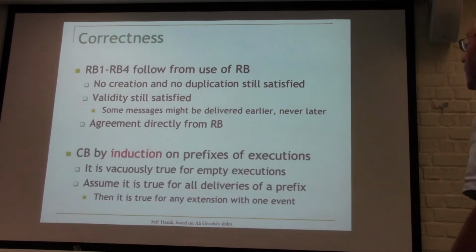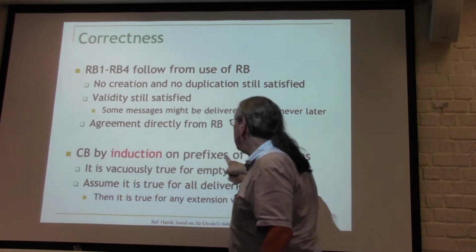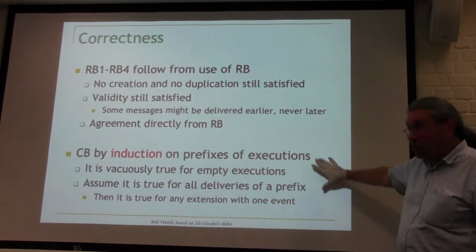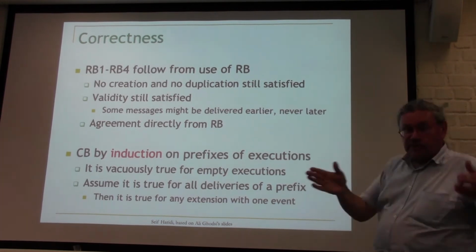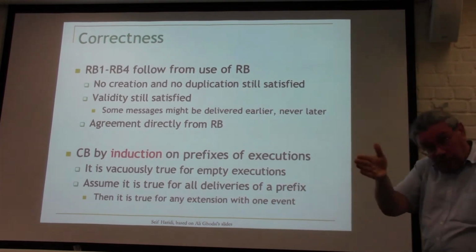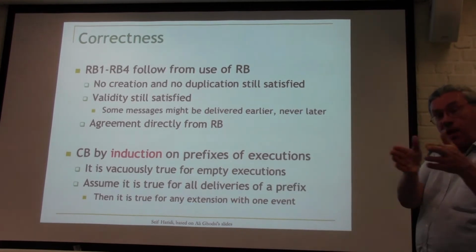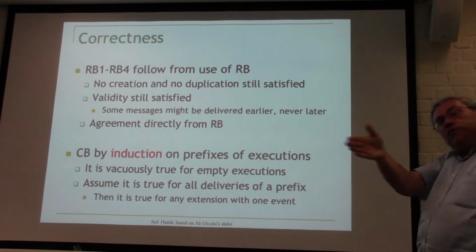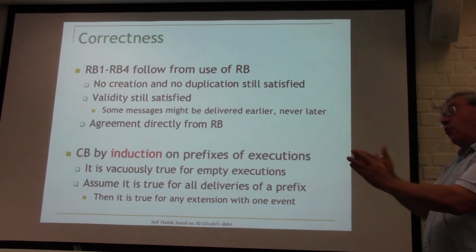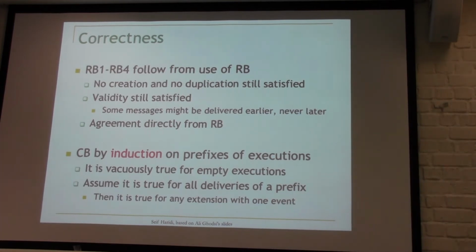The second piece is the CB property, causality. This is a little bit harder, so I'm not going to go through it in detail. The way to do it is to follow the executions, the deliveries. You assume it's true up to some point, and whenever you add one event, you can see that the causality is respected.